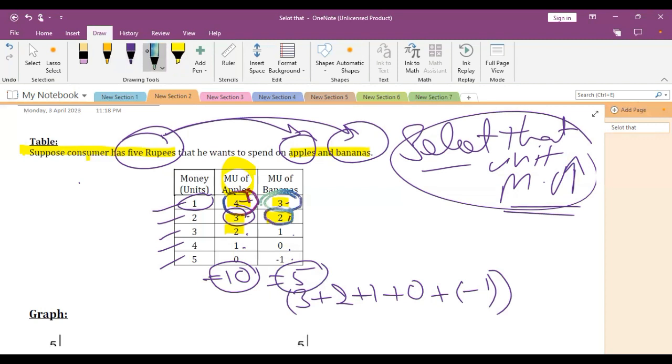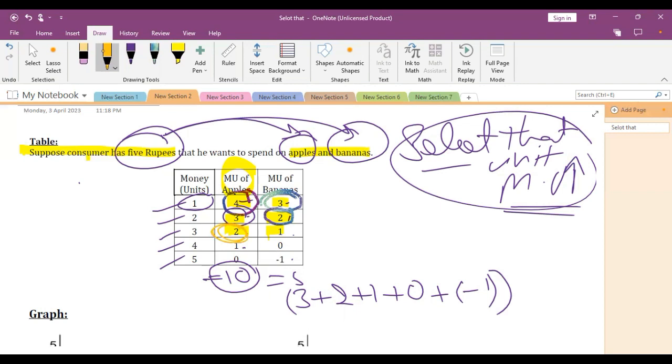So he will purchase the next unit on bananas in order to get a satisfaction level of 2. At the next level, he will see apples give 2 level of satisfaction, whereas bananas give level 1. So he will consider apples in place of bananas.